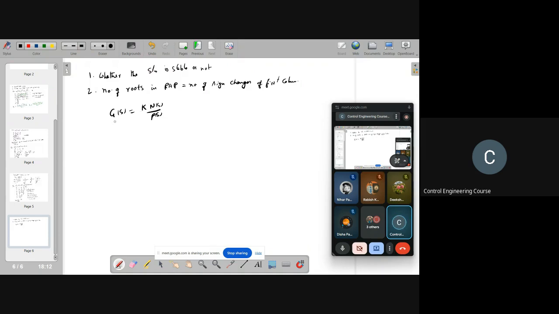So this criterion helps you find the range of K for which the system is stable. And also, if the system is marginally stable, what is the frequency of oscillations? That also it will help you to find.